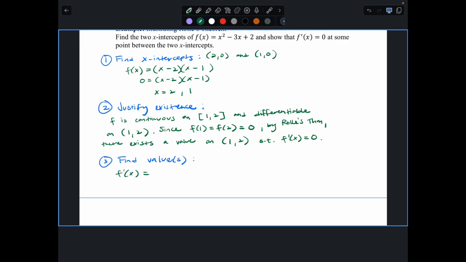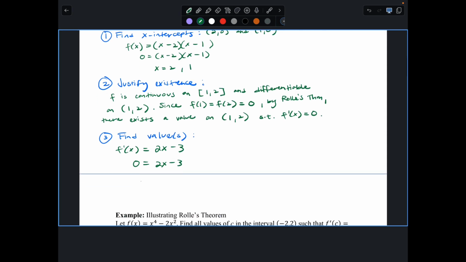F prime will be 2x minus 3. So then if we think about setting f prime equal to 0, we get that x is equal to 3 halves. Okay, so it's at x equal to 3 halves, or f prime of 3 halves would be equal to 0.